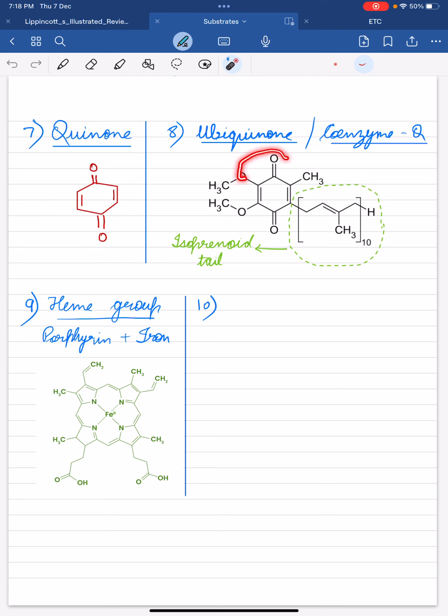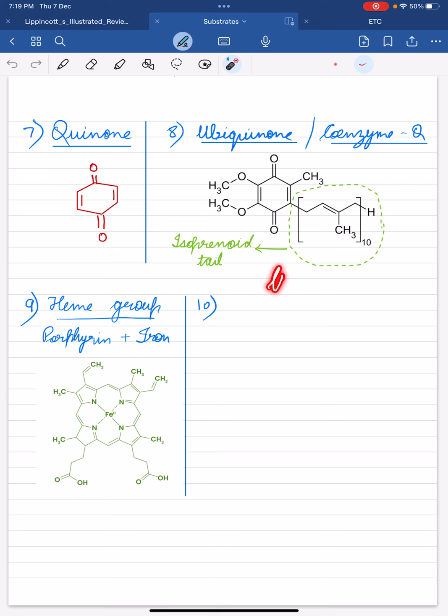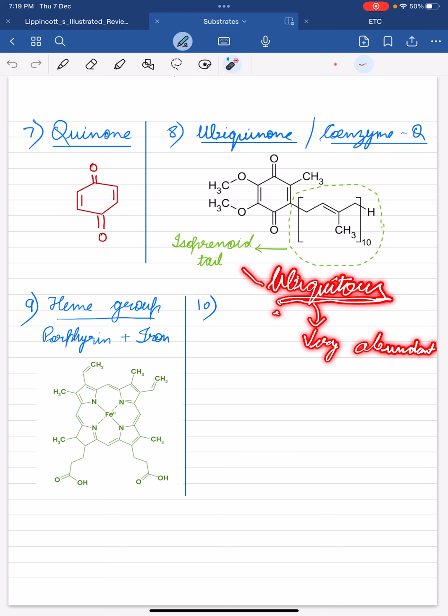So this thing was quinone plus some extra groups like this isoprenoid tail, and it formed ubiquinone or coenzyme Q. Note that the word ubiquinone is here because this enzyme is said to be ubiquitous, which actually means very abundant. So because this enzyme is very abundant, from ubiquitous it came to be known as ubiquinone.